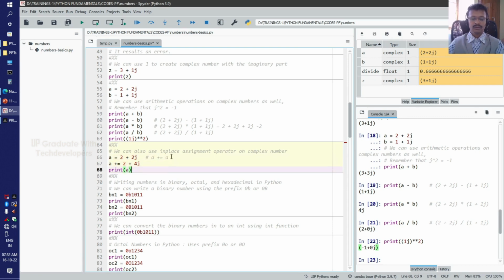Similarly, we can use this in-place assignment operator to do arithmetic operations on complex numbers.